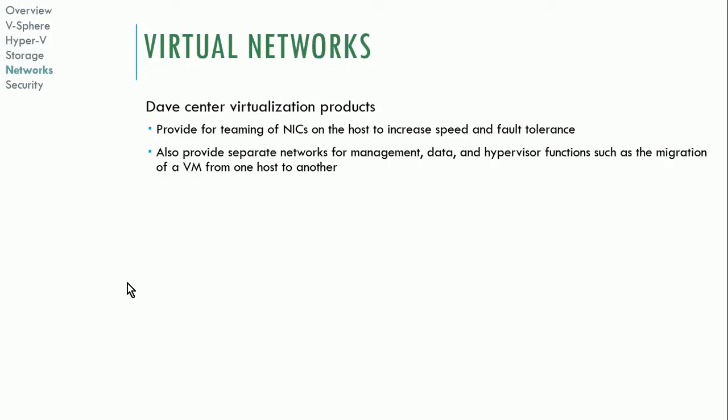So basically what teaming does is it allows you to take multiple network interfaces and they can work together as a team. They all run concurrently, which allows you to aggregate the bandwidth available across those different NICs, and also gives you fault tolerance in the event of a failure of one of those NICs for some reason. And in many cases, people will interconnect those teamed NICs through different switches to even further provide for that fault tolerance.